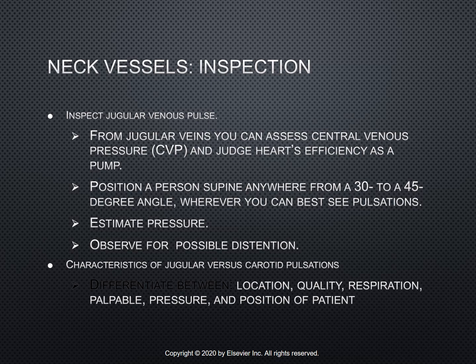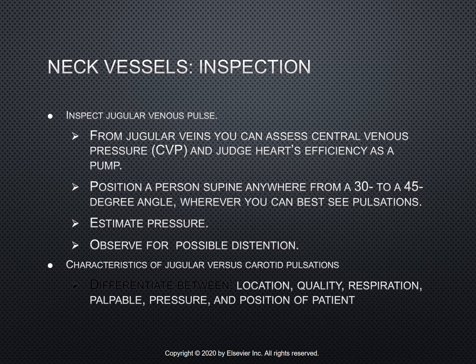So, as I stated earlier, you should not be able to see the jugular venous pulse. You shouldn't be able to see the jugular vein unless the patient is having issues, okay? So you want to make sure you observe for possible distension of the jugular vein. So if you see the jugular vein, that means it's distended, and that's an abnormal finding.